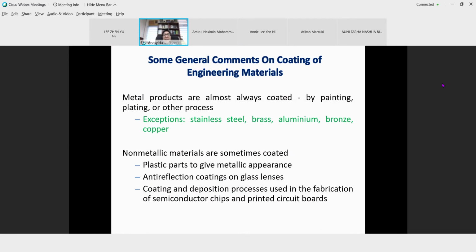Before that, we can see that there are some materials that do not require coating, for example stainless steel. You don't have to coat stainless steel, because it already has a protection layer, which is chromium oxide. That's what makes stainless steel stainless. You can also see aluminium, like the window frame at your house.